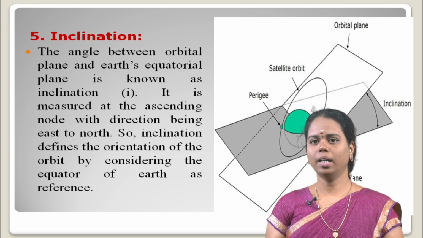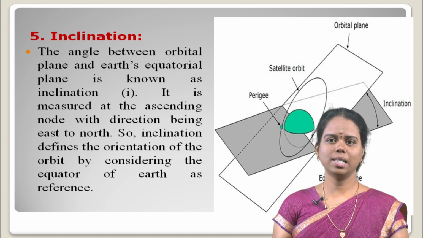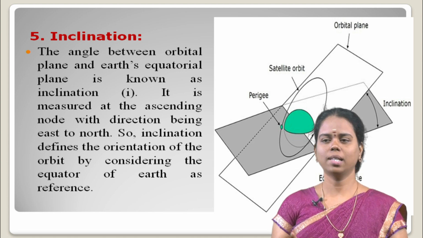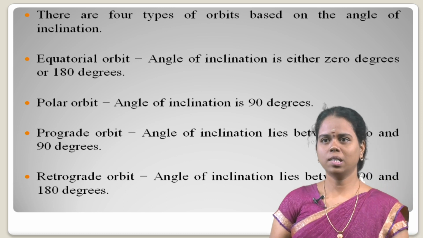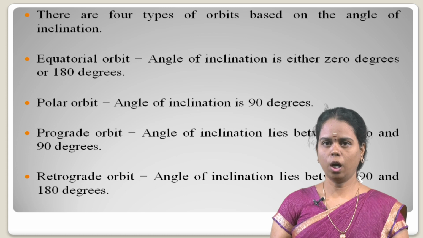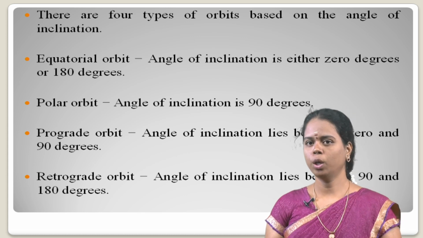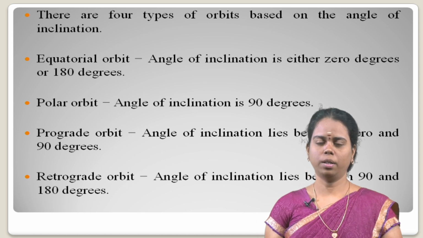So, inclination defines the orientation of the orbit by considering the equator as reference. There are 4 types of orbits based on the angle of inclination: equatorial orbit, polar orbit, prograde orbit, and retrograde orbit.